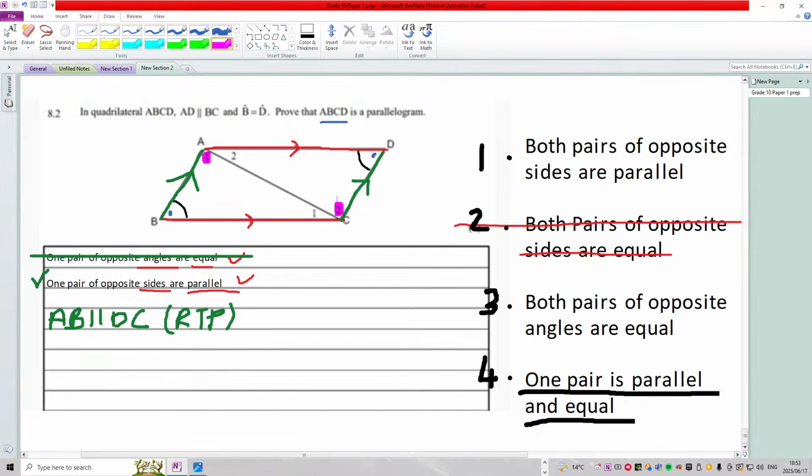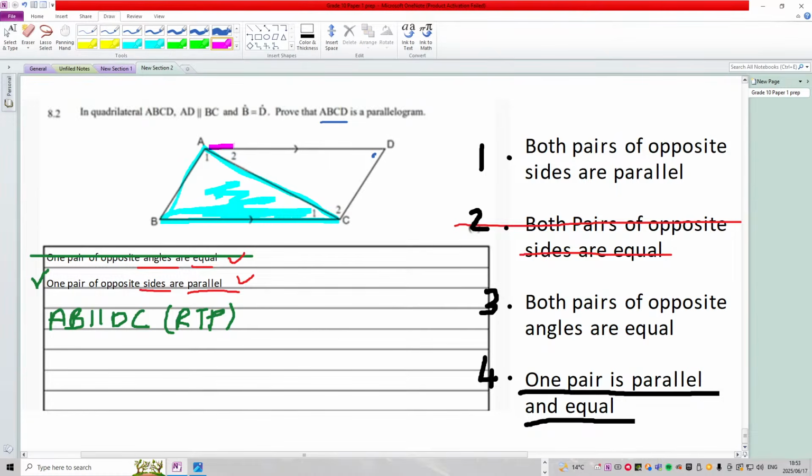Okay, how am I going to do that? First and foremost, I hope you don't mind if I just erase everything from here. First and foremost, I have triangle ABC. If I can just highlight, I have that triangle ABC there.